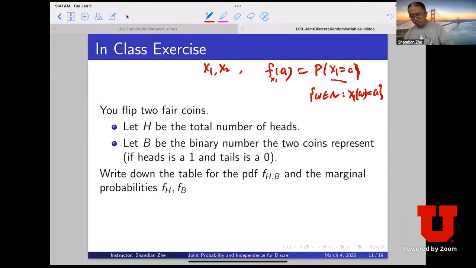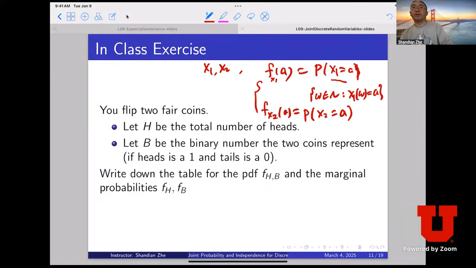Now let's write down the PDF for another random variable. If I look at x2, the probability density function for x2 is defined as the probability that the event x2 takes a happens.